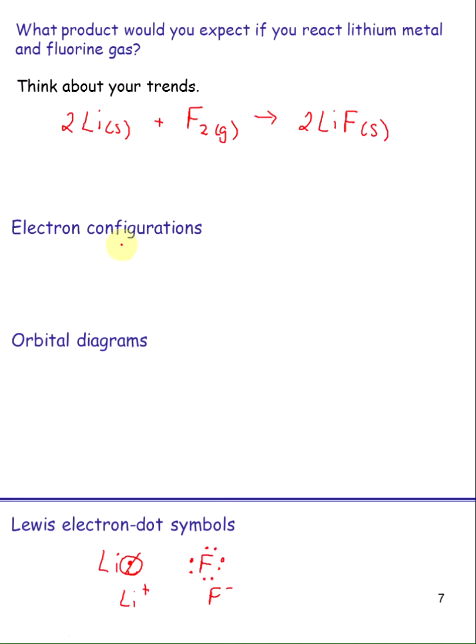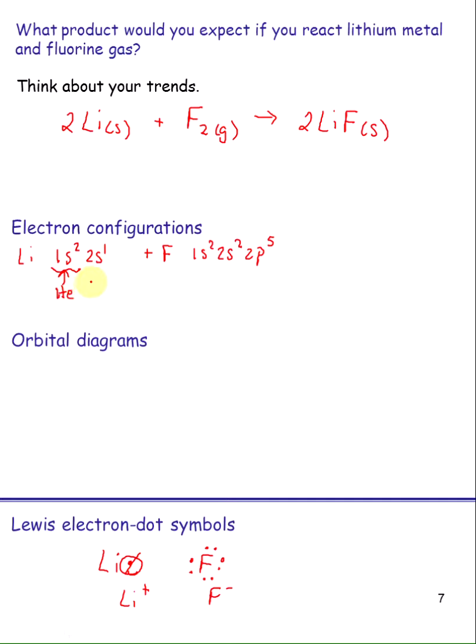Now another way I could have approached this problem is using the electron configuration. Because remember, for lithium, the electron configuration is 1s2, then 2s1, and for the fluorine it is 1s2, 2s2, 2p5. So lithium can give up that electron in the 2s, and then it has a noble gas configuration, because remember that 1s2 is the same thing as helium.